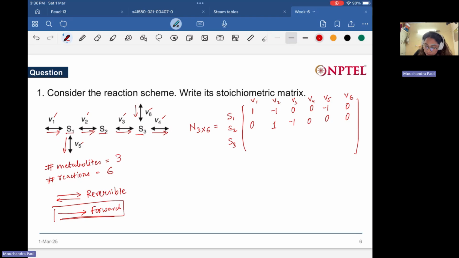Then for metabolite 3 or S3, S3 is not involved in reaction 1, S3 is not involved in reaction 2, S3 is the product in reaction 3, S3 is the reactant in reaction 4, S3 is the product in reaction 6, whereas S3 is not at all involved in reaction 5. So in this way, your stoichiometric matrix is complete for this complex network of reactions.